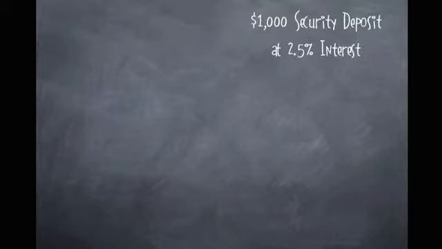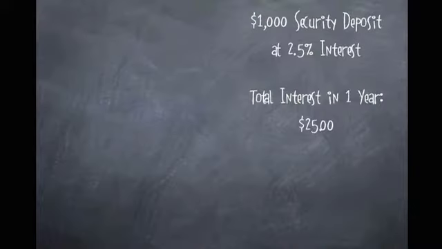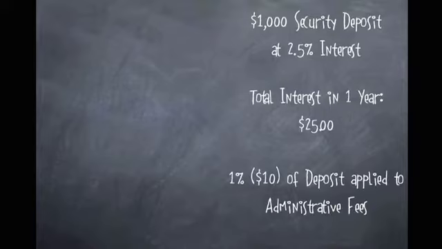So in our example, let's say we have a $1,000 security deposit, and in your state, they insist you pay them 2.5% interest. Good luck finding that savings account. Does not exist. The total interest in 1 year is $25 on $1,000 at 2.5% interest. 1%, $10 of that deposit is applied to administrative fees.